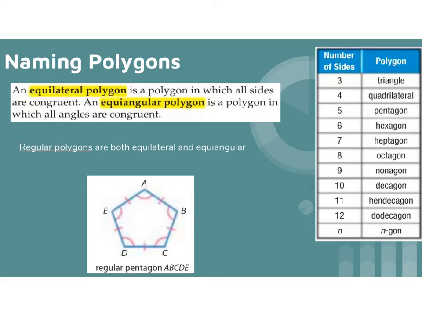In terms of knowing these polygon names, triangle, you're all familiar with. A quadrilateral, a square or a rectangle is a quadrilateral. Pentagon is one you should know. And also octagon is a common one.